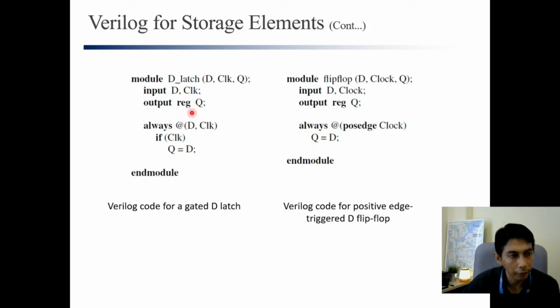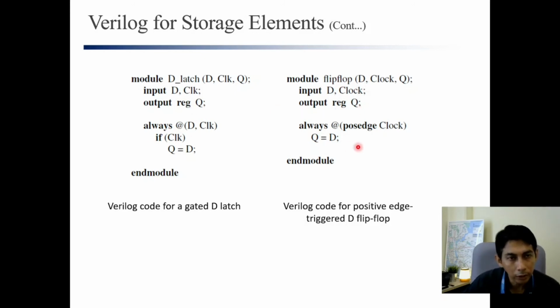So that is why we declare Q as reg. And Q is sensitive to D and clock, so that's why D and clock should be inside the sensitivity list. So here, if clock equal to 1, Q should be equal to D, else Q should remain the same. All right, so this is the behavior of the D latch.